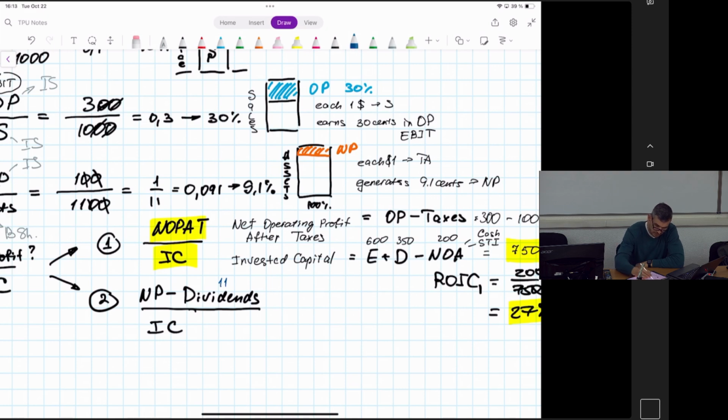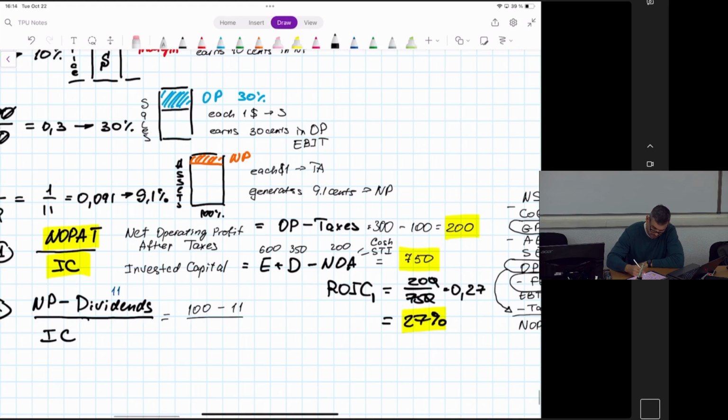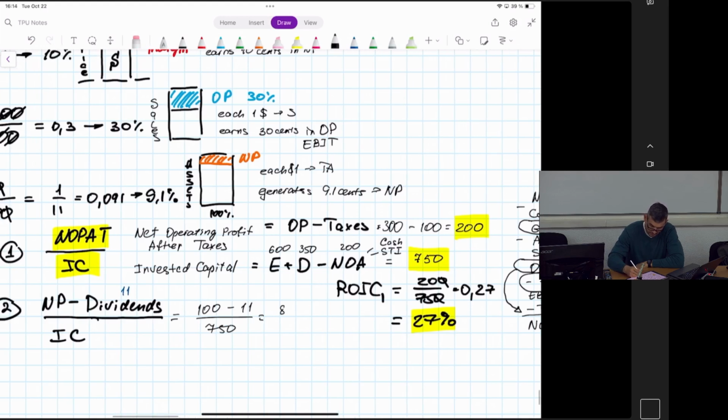So in this case, 100 minus 11 divided by invested capital, which is 750, will give us 89 divided by 750. How much is it going to be? 0.12. Or 12%. Okay?